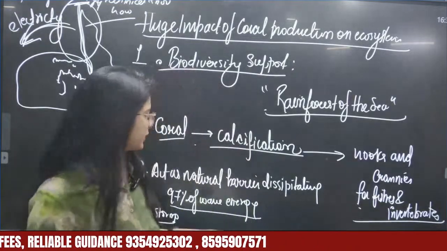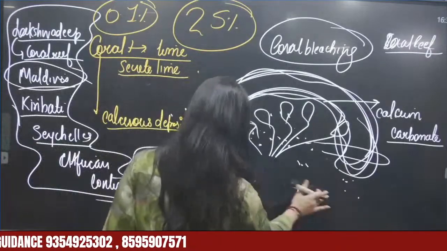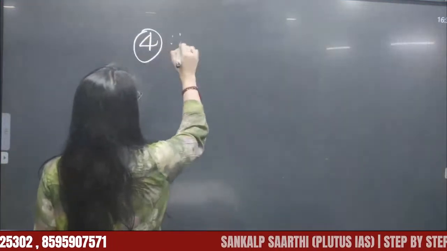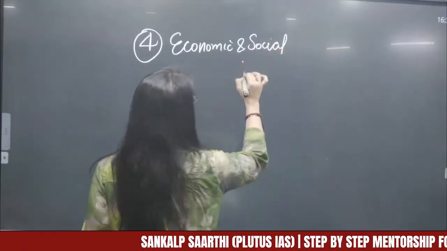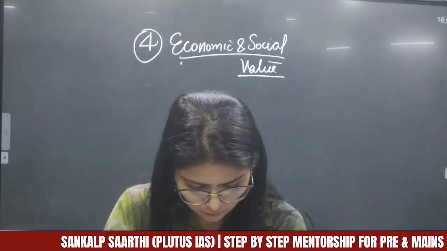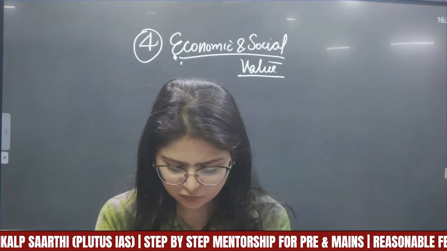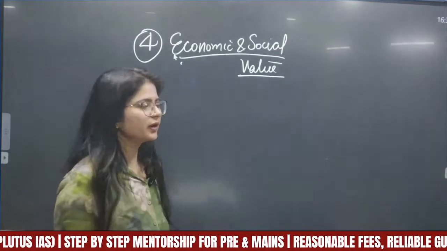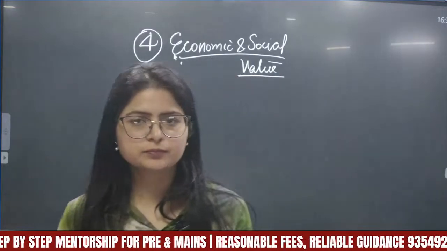This is the fourth point. Write down under it, economic and social value. Over half a billion people depend on coral reefs for food, income and tourism.